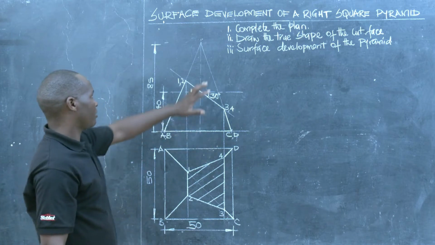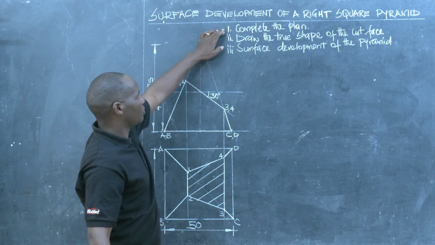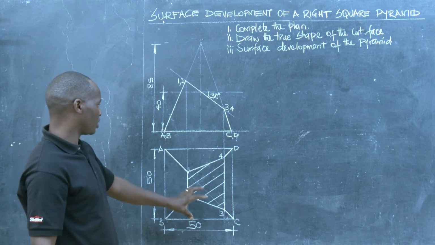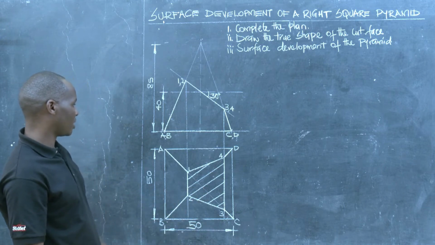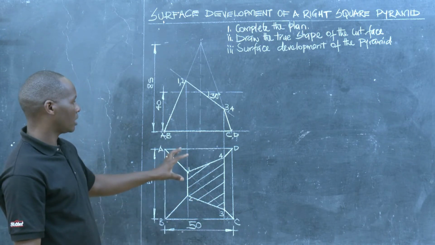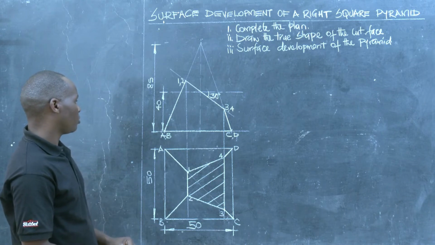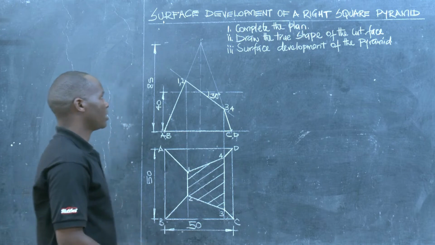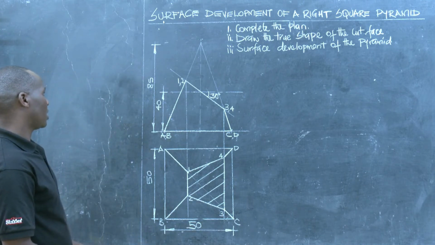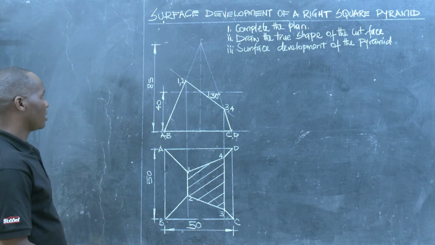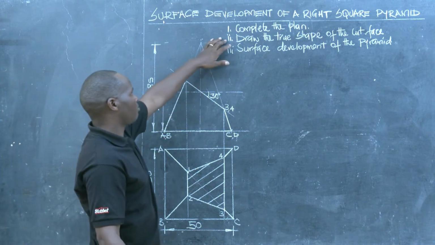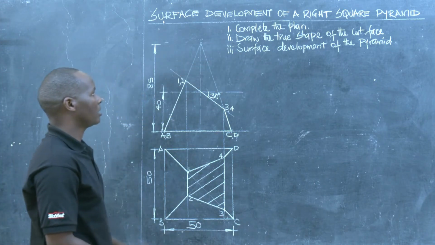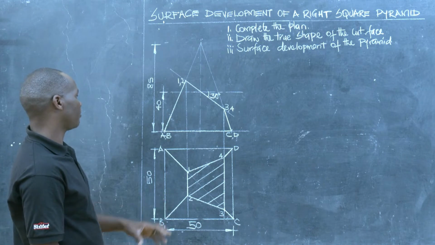So there we are, we have tackled the first part where we are required to complete the plan of the truncated pyramid, and that's how the plan would look for the truncated pyramid. Then we move to the second part where we are supposed to draw the true shape of the cut face.